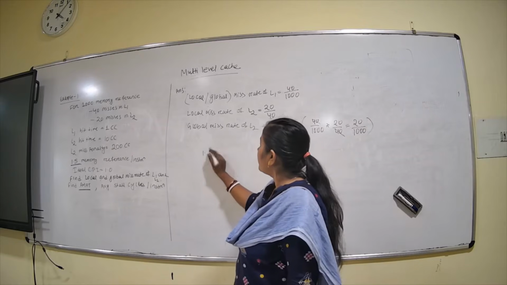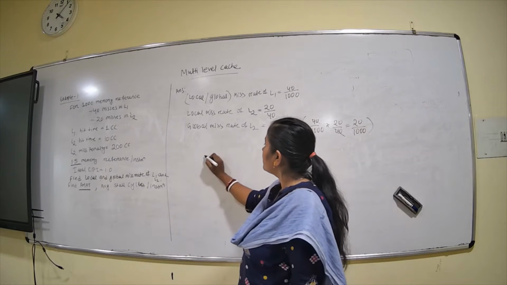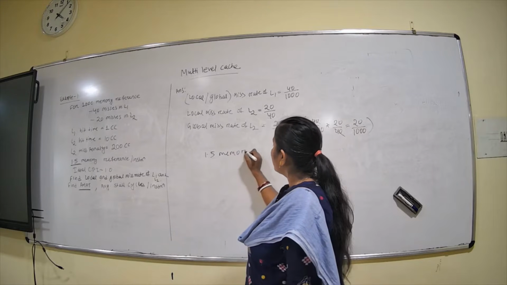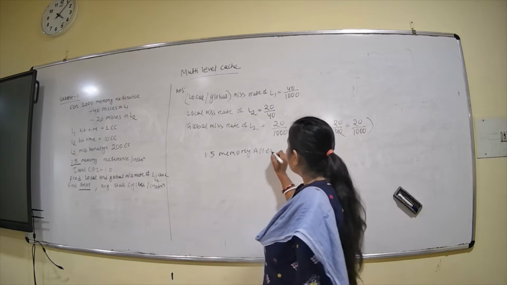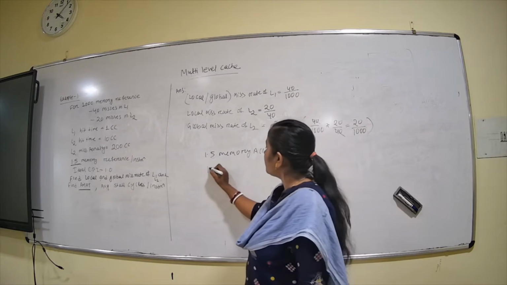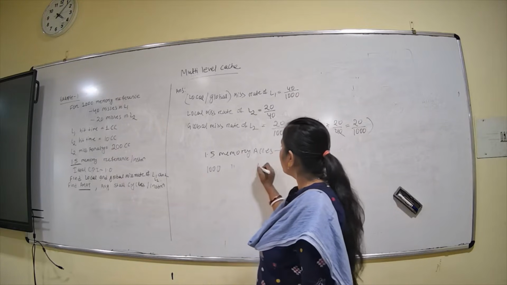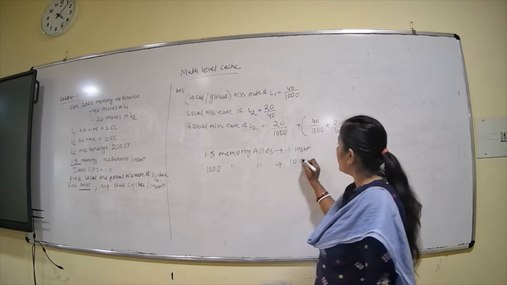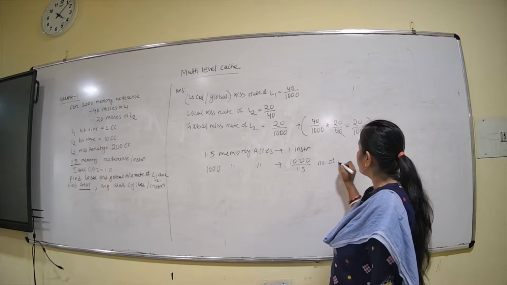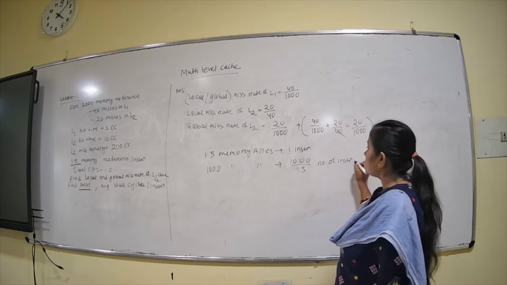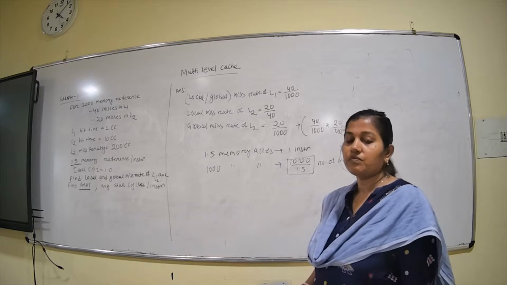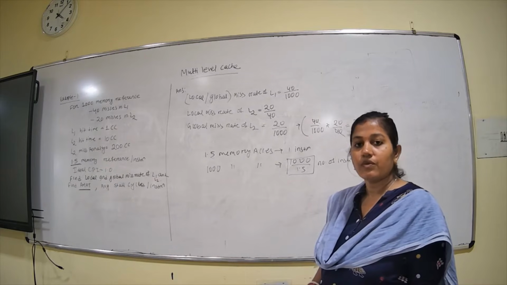In one instruction there are 1.5 memory accesses, so for 1000 memory accesses, how many instructions? 1000 divided by 1.5 instructions. This many instructions you have: 1000 divided by 1.5.